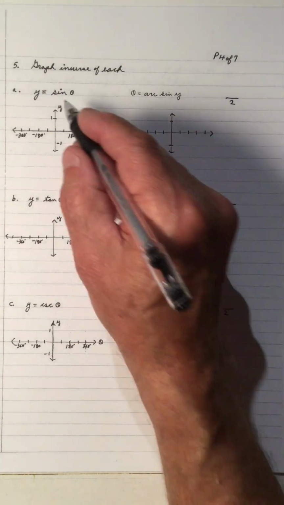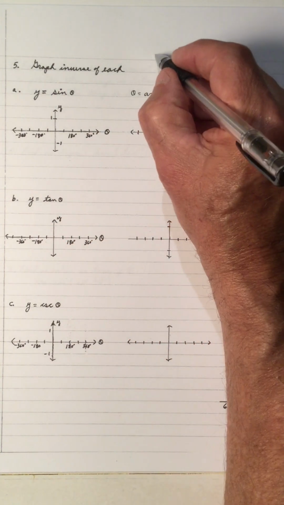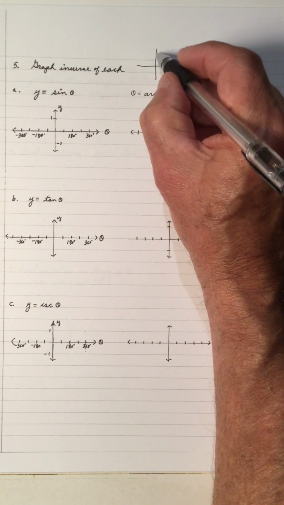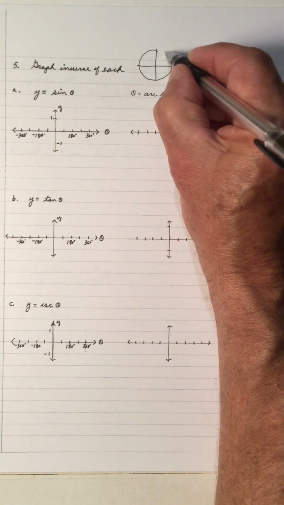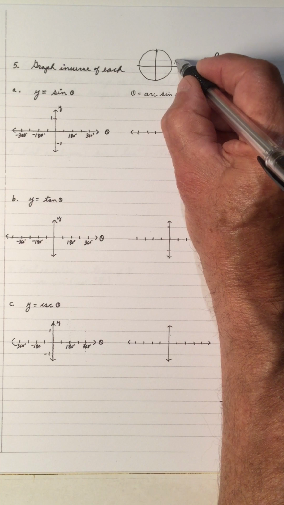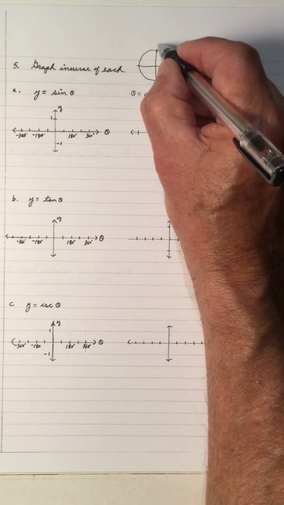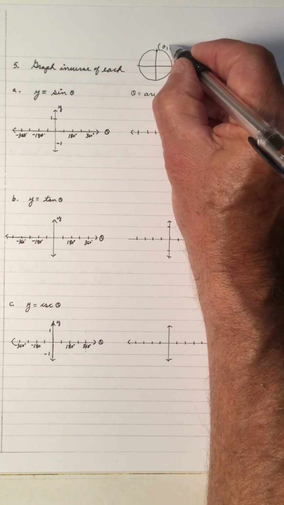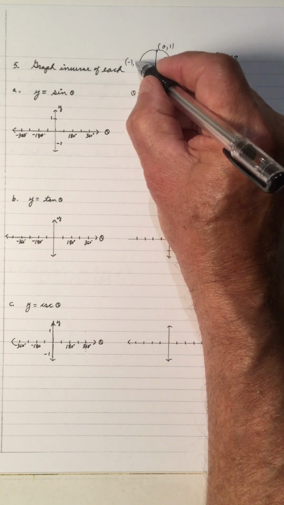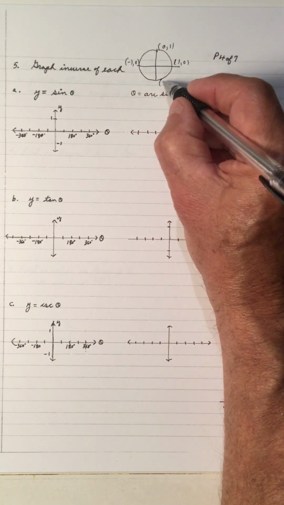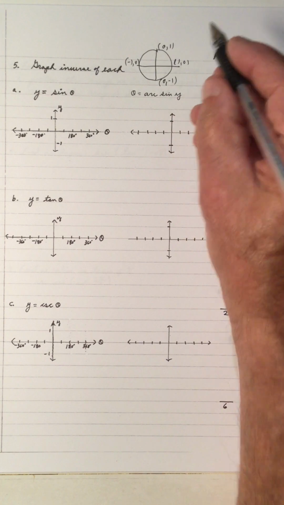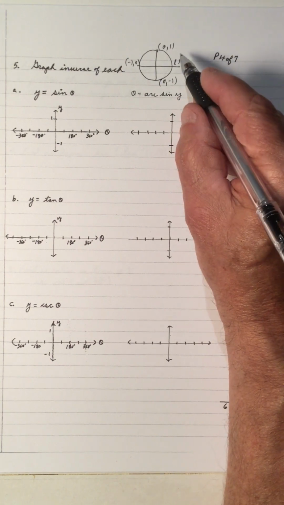So for the sine graph, again, let's look at the unit circle: 1, 0, 0, 1, negative 1, 0, and 0, negative 1. Sine is the y.